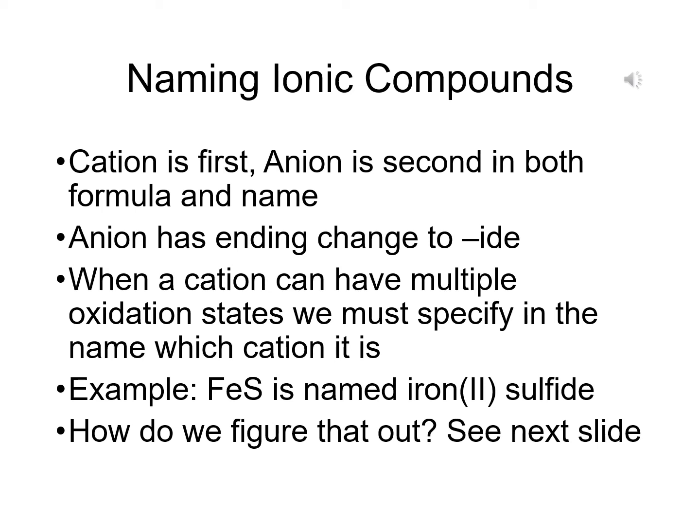We only do this when the cation can have multiple oxidation states. So you would need to look on your polyatomic ion sheet and memorize those elements that can have multiple oxidation states. They're listed, things like iron, tin, lead, copper, cobalt, mercury. Now, how do we figure out which cation we have? Let's take a look at our next slide and do that.